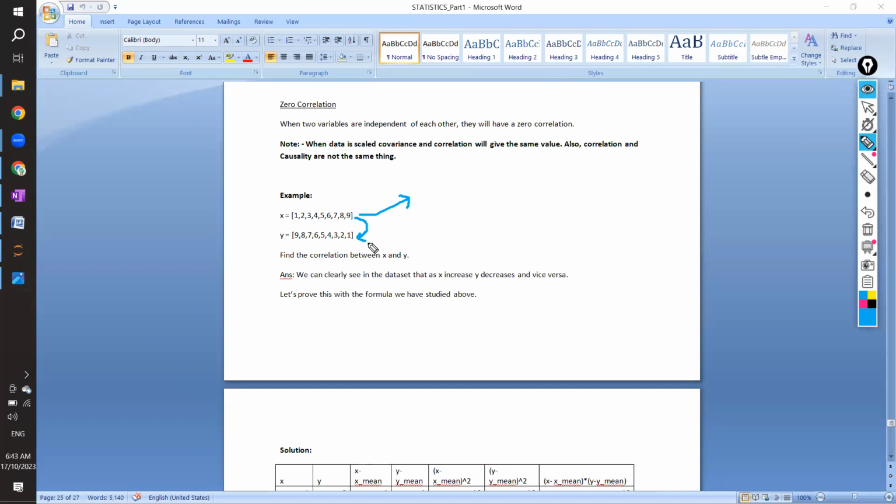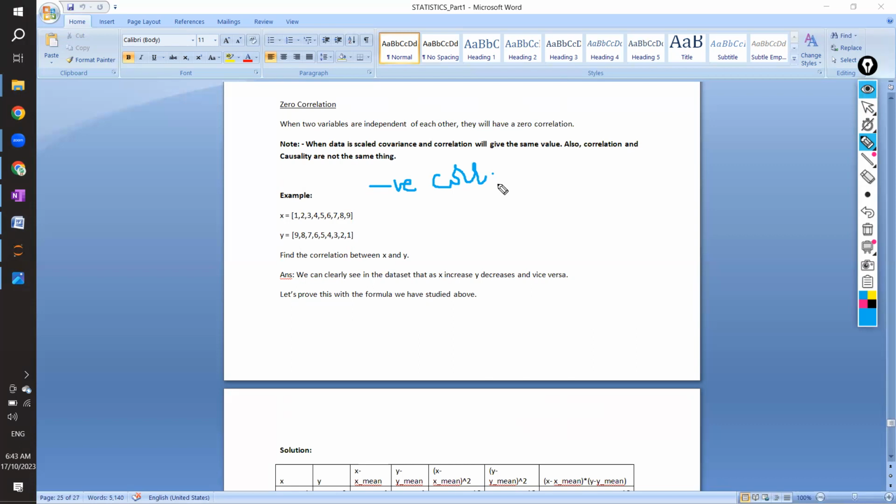That means if x is increasing, clearly y is decreasing, and if x is decreasing, y is clearly increasing. Both are exactly opposite to each other, so these are negatively correlated. Now let's try to find that.